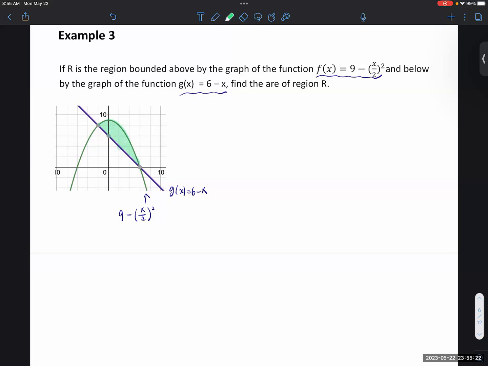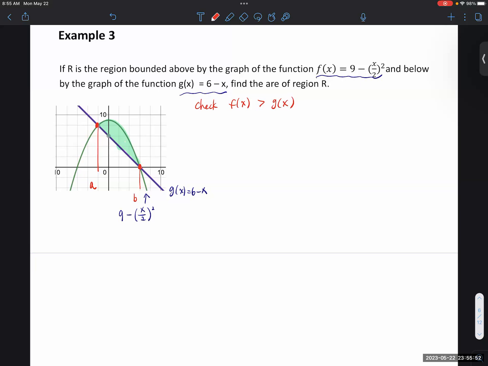But hold on. Do we know the range? From where to where? If we do not have the range, you need to find that range. It's going to be the intersection points between two functions. So this is going to be your a, and that is going to be your b. We are going to first check that the f function is higher than the g function.